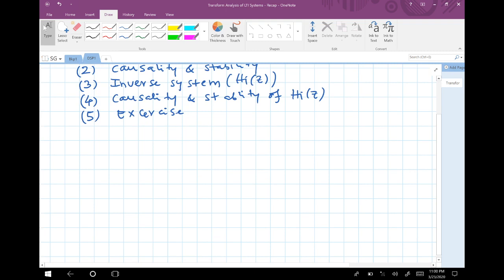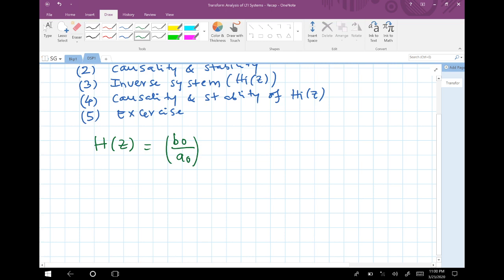So let's first start with how the rational form of a transfer function would look. Let's call it H of z. This we have already derived in our previous classes, so I will not go through the derivation.